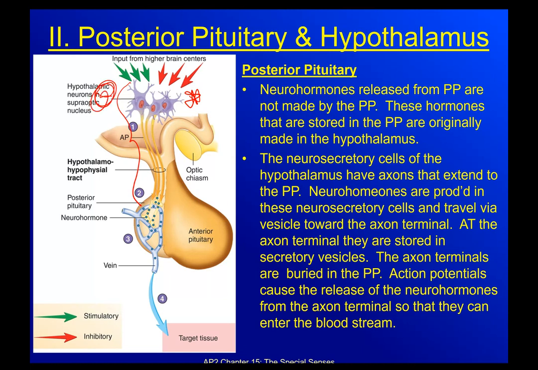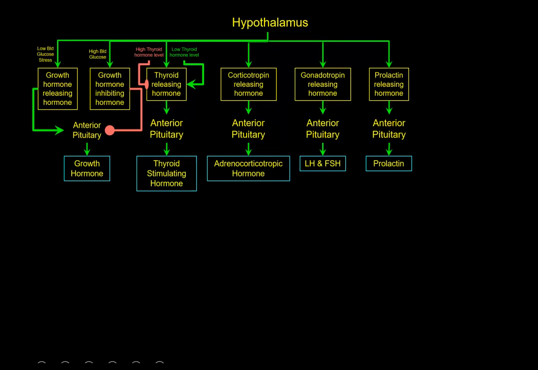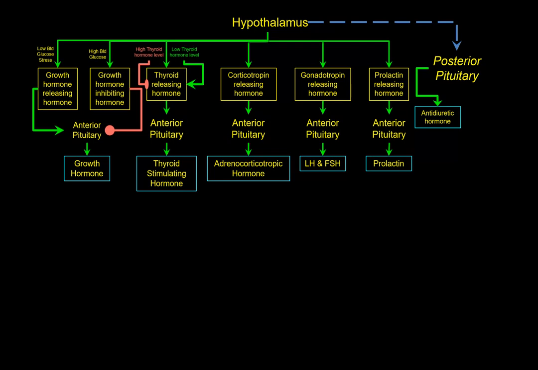Literally, the hypothalamus decides, sends a signal down this neuron to get them to release from here. So the action potentials to cause their release come from the hypothalamus. The hormones themselves, that are neurohormones because they're coming from a neuron, come from the hypothalamus itself. So technically, the posterior pituitary, for all intents and purposes, is just a holding cell. Now, the hypothalamus and the posterior pituitary, it releases 2 different hormones.